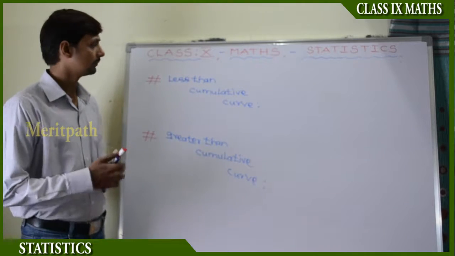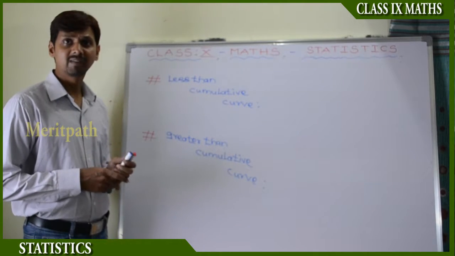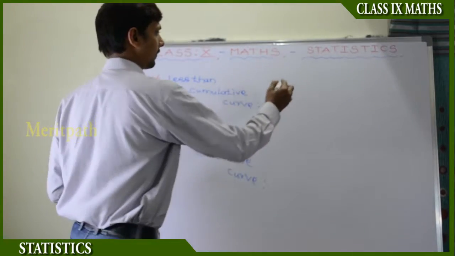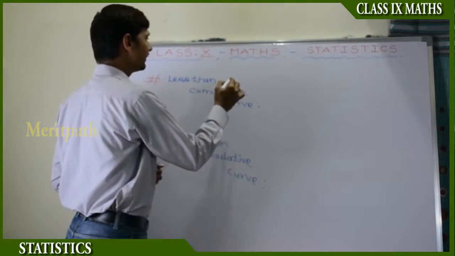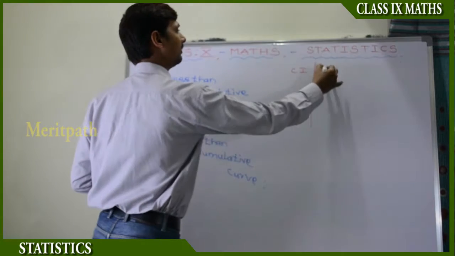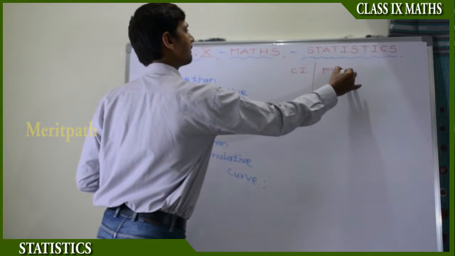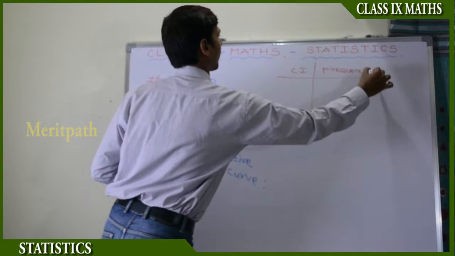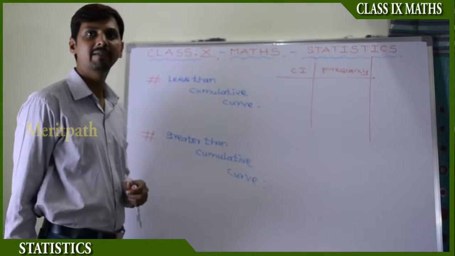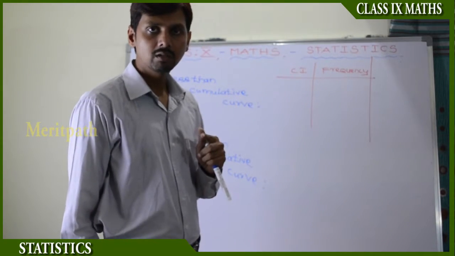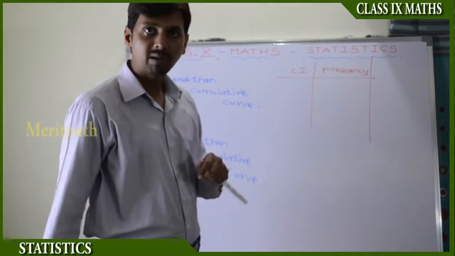Let's recall the less than cumulative frequency. To draw the less than cumulative frequency, the class interval and the frequency will be given, and using the class interval we'll find the upper boundaries.